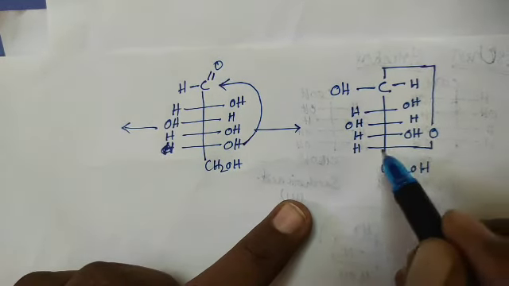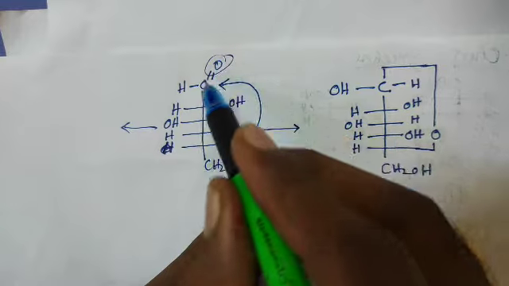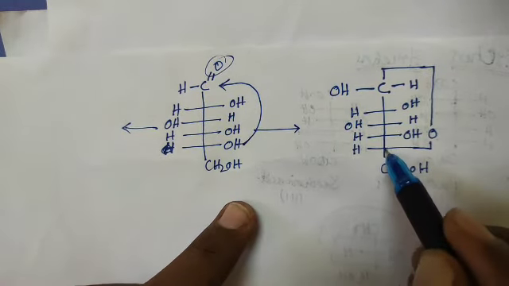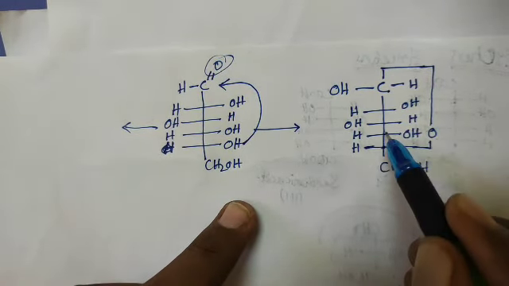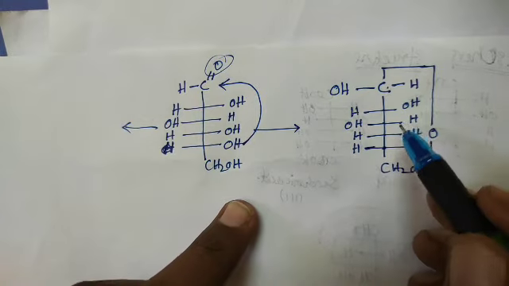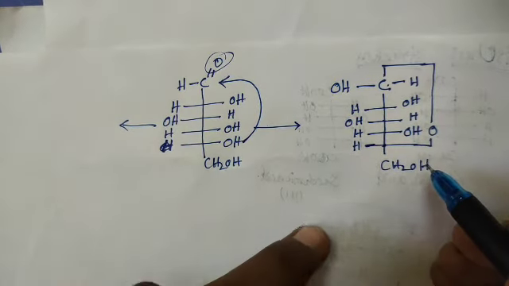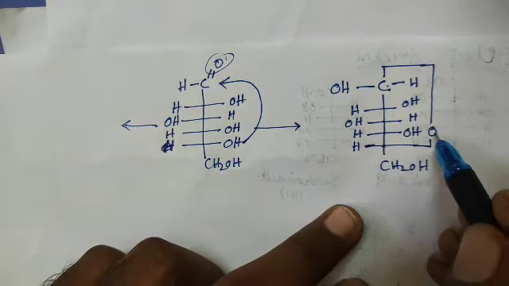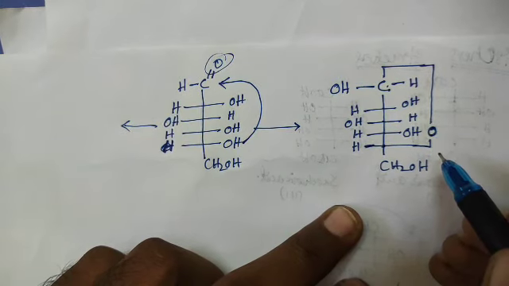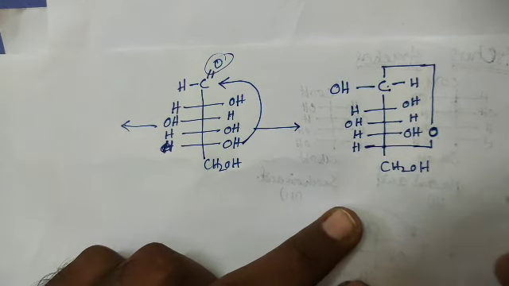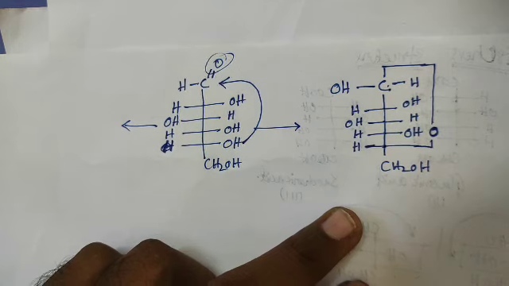Here this oxygen I am writing like a cycle, so 1 2 3 4 5 carbons in a cycle with this oxygen, 6 carbons total. Okay, I will write other structures. Those structures we will call Haworth structures.